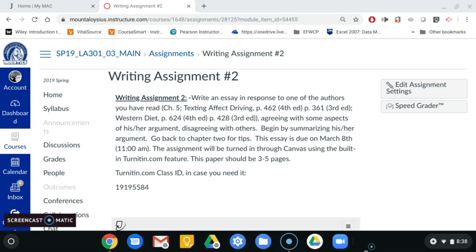And note here that you're being asked to agree with some aspects of the argument and disagree with others. Okay? So your thesis can be built around this agreeing and/or disagreeing with what the author's saying.